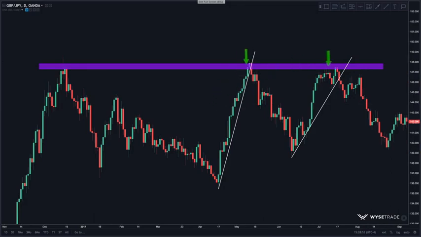Now, notice how when price gets to these areas, it breaks the trend line, which is bearish price action, and confirms the weekly bearish bias. And now you have both weekly and daily bearish price action.